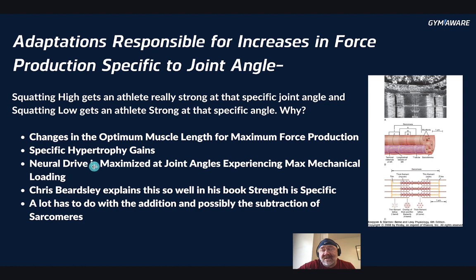Neural drive is always going to be maximized at joint angles experiencing max mechanical loading. So wherever your joint is experiencing the most force to overcome, that's where you're going to get the most neural drive. We're talking about motor unit recruitment and rate coding, those two things, which we've talked a lot about in this series.